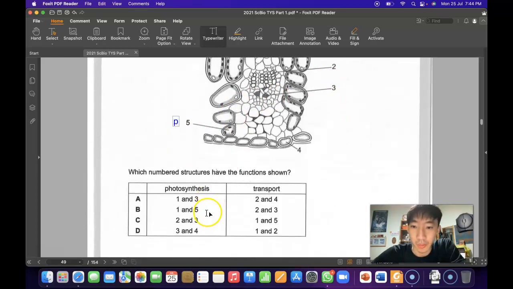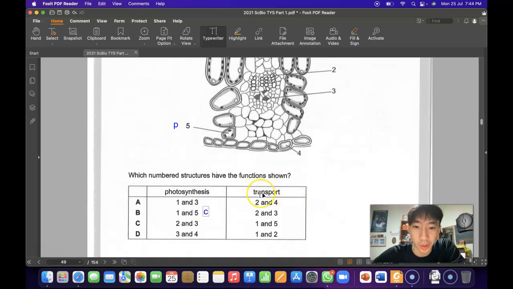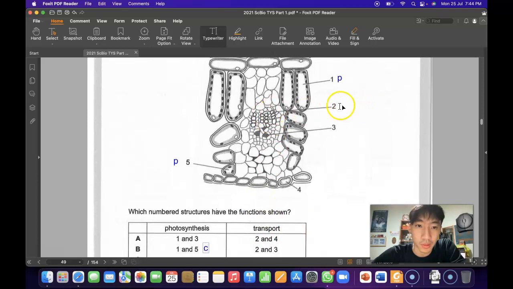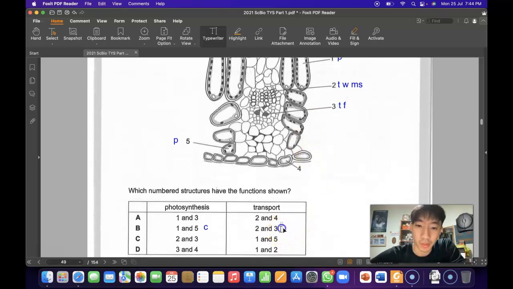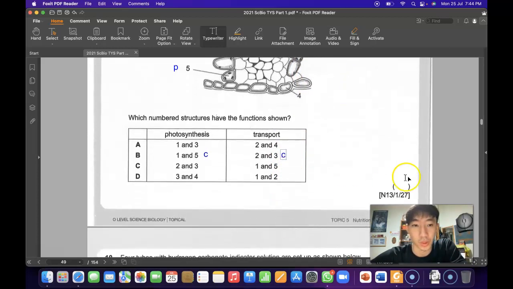So 1 and 5 should be correct, but let's double check. Transport: transport water and mineral salts, and of course the phloem transports food. That further confirms it. So the answer is B.